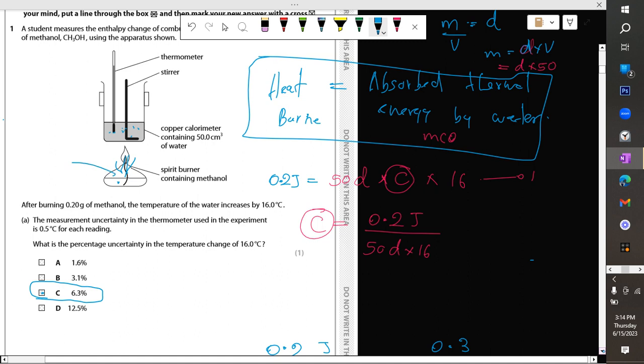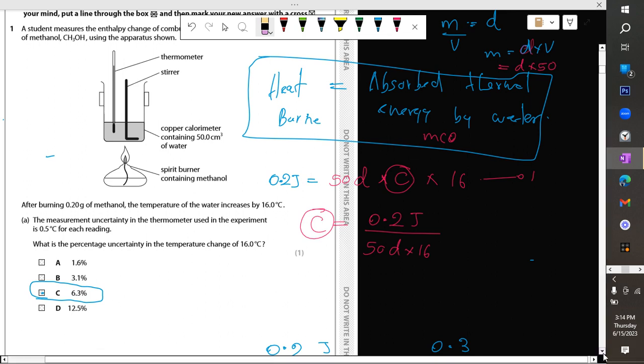So emitted heat by the lamp Q is equal to absorbed heat mc theta. You have to write one equation for the 0.2 grams and the temperature change 16, and another equation for 0.3 grams with 75 cubic centimeters, right? I hope it's clear.